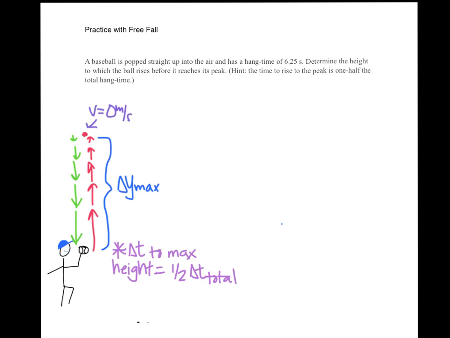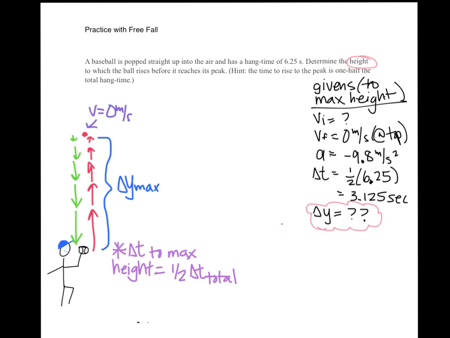All right, so here's my givens list, and again, add things that you might have forgotten. Okay, so again, because we're trying to find the height, I specifically make a givens list that is givens to my maximum height. So the initial velocity, the problem doesn't tell us anything about initial velocity.